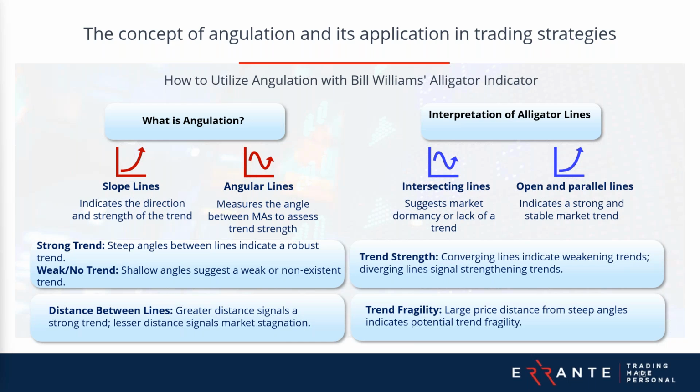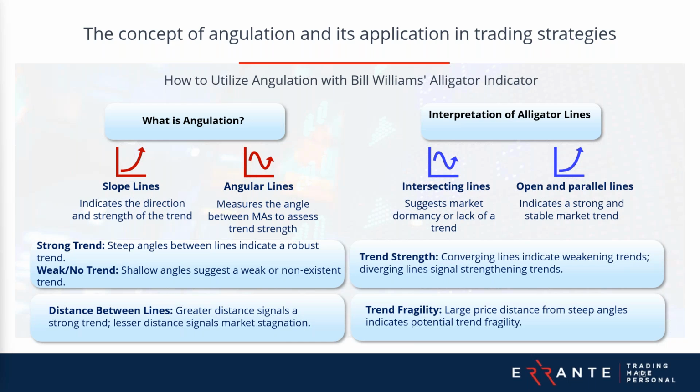Okay, and the last thing we want to discuss on this slide is trend fragility. Large price resistance from steep angles indicates potential fragility in the trend. A practical tip here is to monitor these large distances closely. If the price starts to pull back significantly, it might indicate an upcoming reversal.